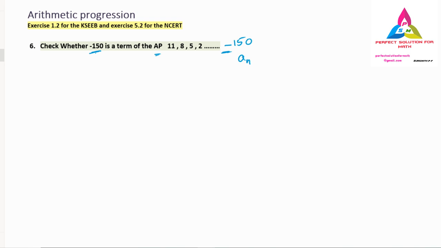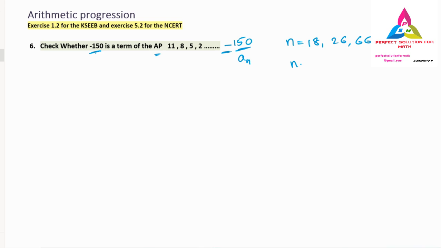After substituting that as an, we will finally find the n value. If that n value is any natural number, for example 18, or 26, or 66, any one number, then it is a term of the AP. This minus 150 will become a term of the given AP.